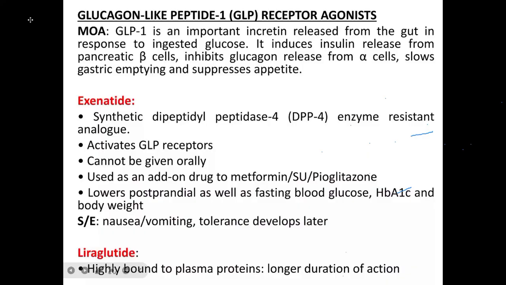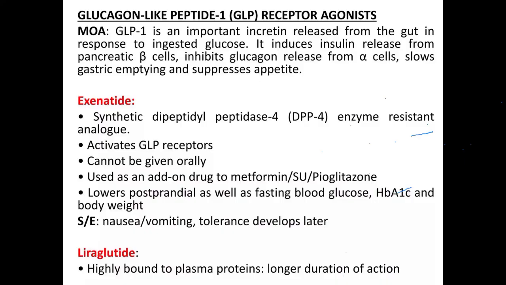Okay. So it is used as an add-on drug to metformin, sulfonylurea, pioglitazone. It lowers postprandial as well as fasting blood glucose, HbA1c, and body weight. So what does exenatide do? It lowers the postprandial as well as fasting blood glucose. Postprandial means the glucose level is checked after meals, and fasting blood glucose is checked before meals.